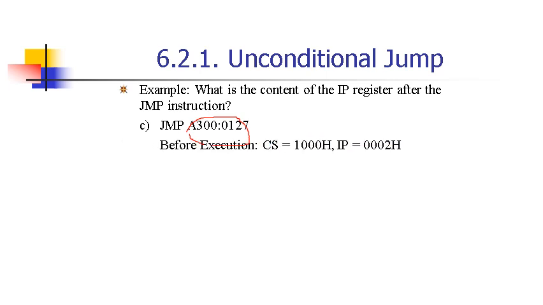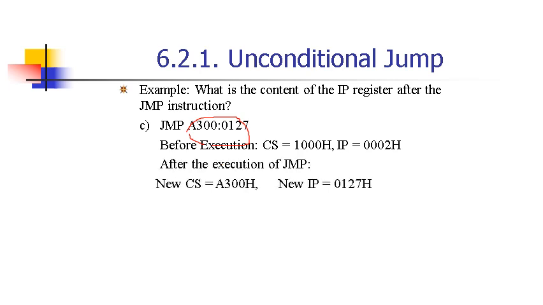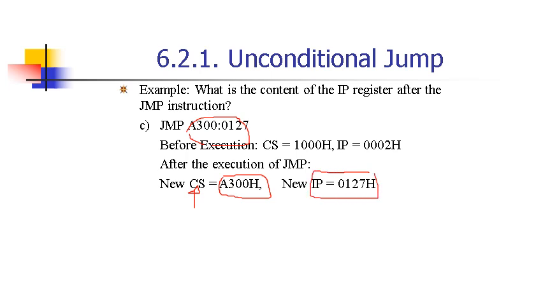This is why before execution we have this CS and IP, and after execution you place A300 in your CS, which means a new code memory segment has been opened, and you start at this new code memory segment at this effective address, which is 127. So we changed both the value inside your CS and the value inside your IP. Okay.